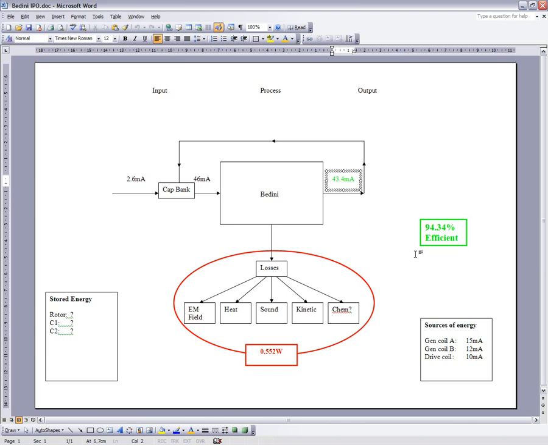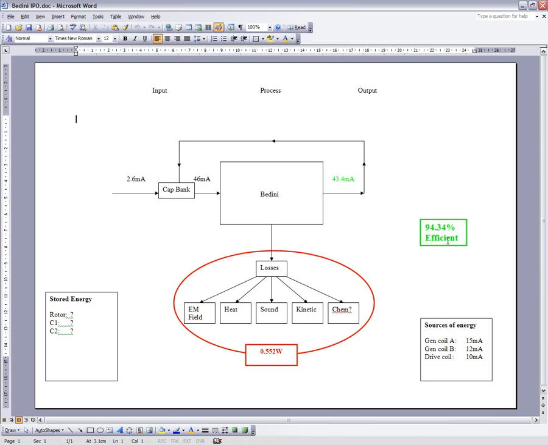As such, and it does depend on how you want to look at it, I've calculated that my Bedini is 94.34% efficient. That is extremely high. The other way that you could calculate it is that because the output from the Bedini is being fed back to the input, as shown here, you could theoretically say that it's actually 0% efficient because it's still drawing power from a battery.